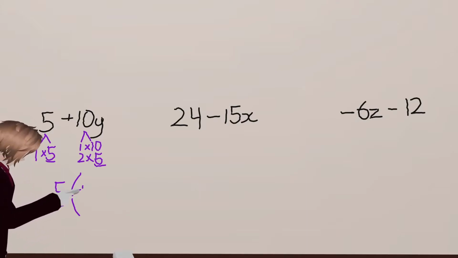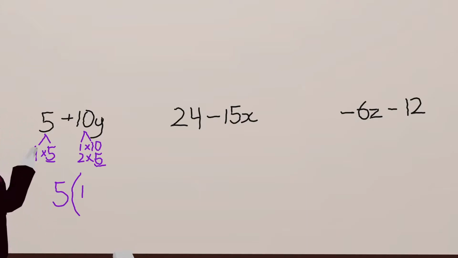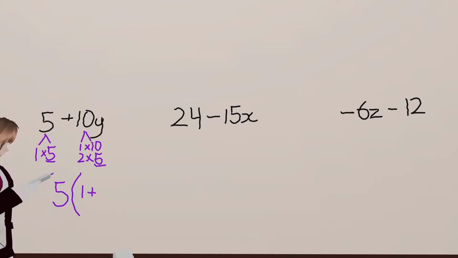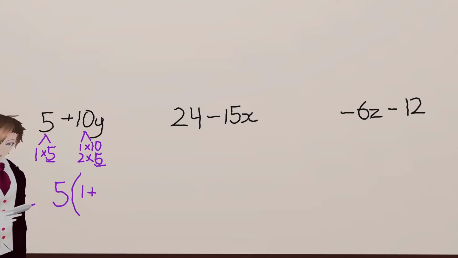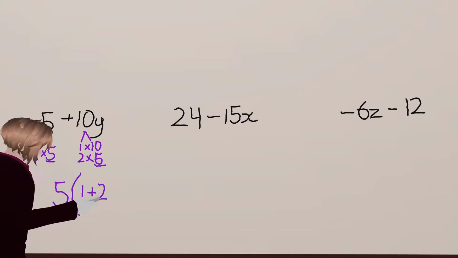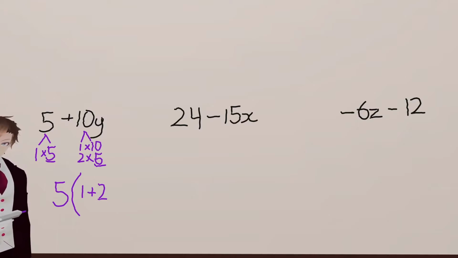So we're just going to write 1. Now we have a plus, so we're going to write a plus. With our 10, the common factor was 5, so we'll write the 5 out the front, and we write what's left, so 2. And we have a y.